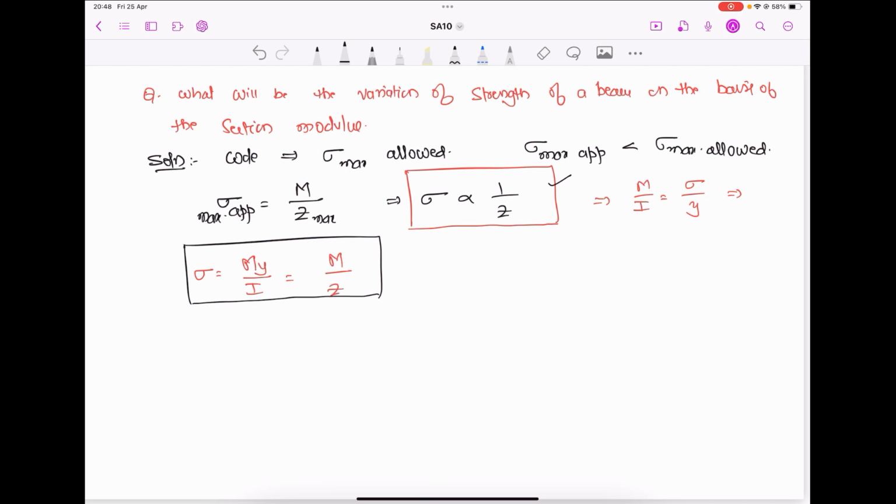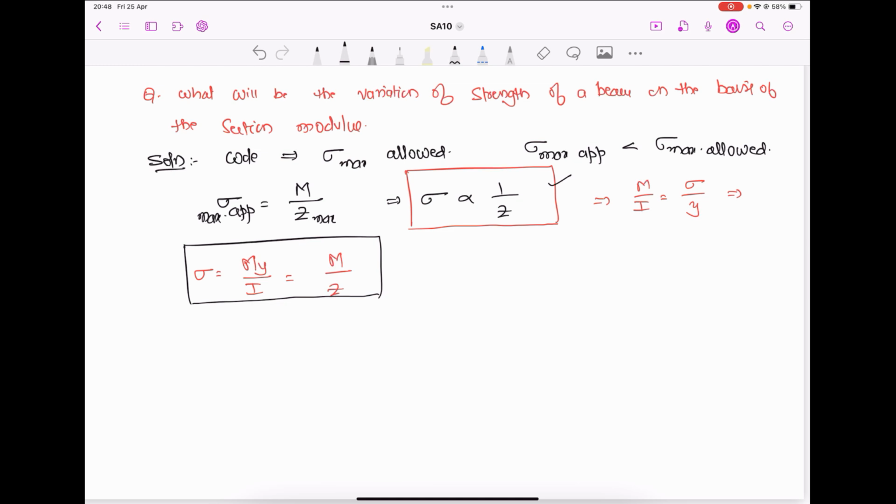That means for a beam having a higher section modulus, for the same loading, the sigma applied reduces. Please try to understand this concept, it is very, very important.